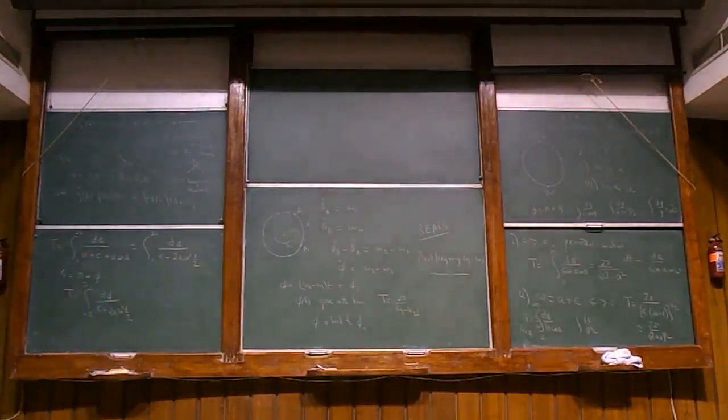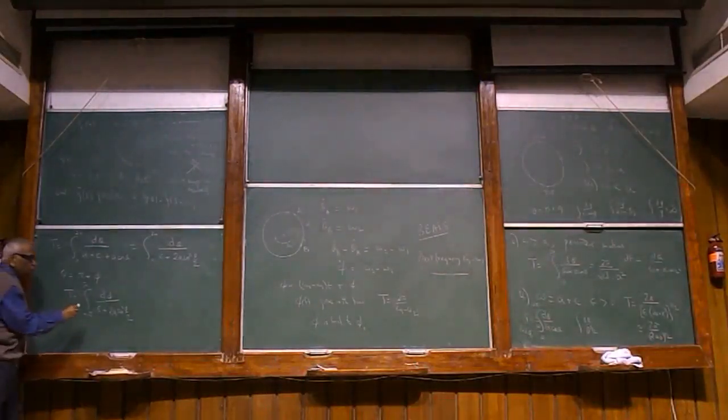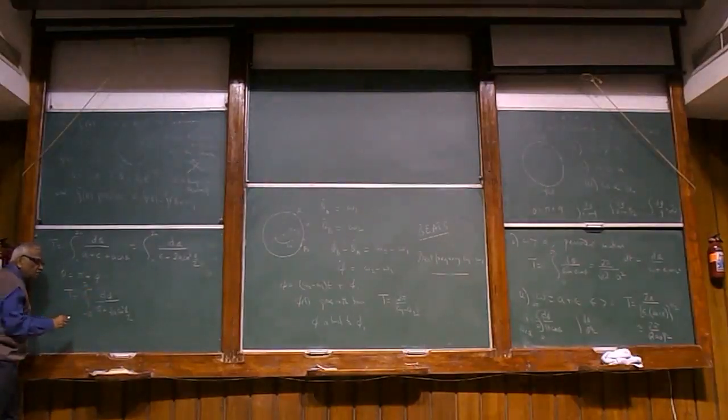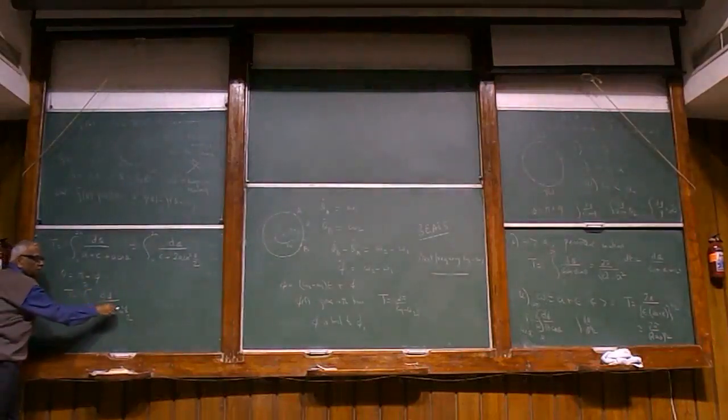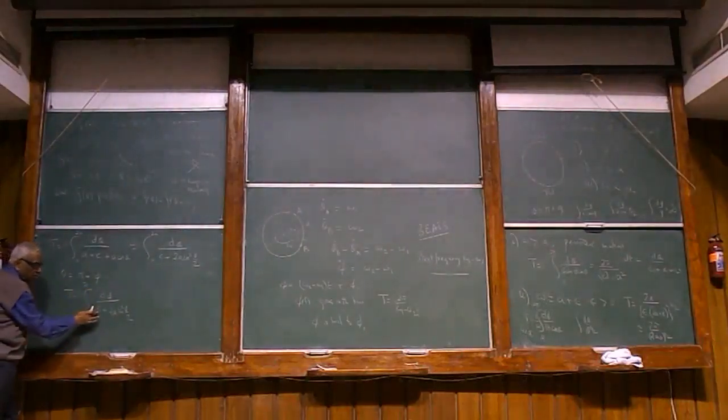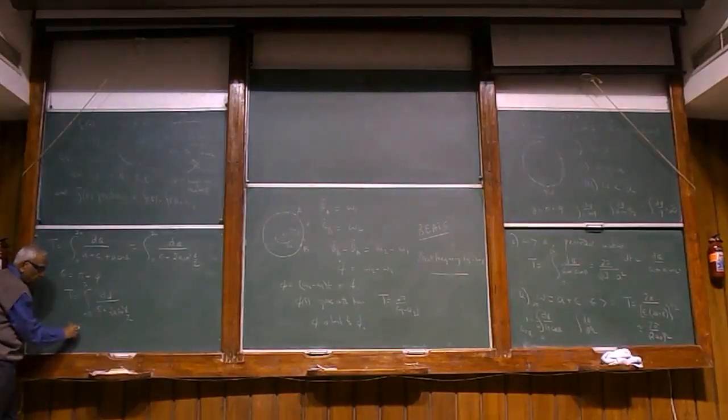So epsilon plus 2a sine square phi by 2. Till now, it's just a transformation of variable. Now I want to make the statement that most of this integral is going to come from the region where phi is small. If phi becomes big, then this epsilon, mind you, is much smaller than 1.